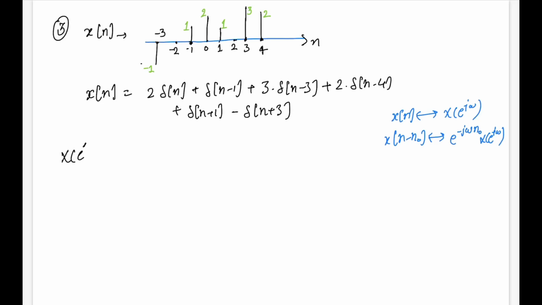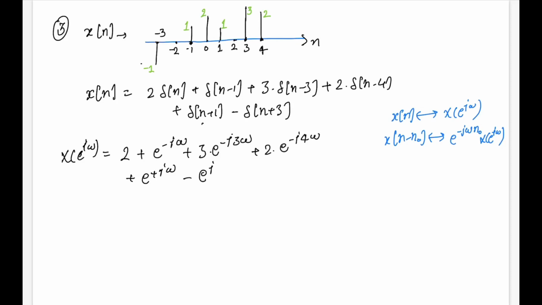So X(e^jω) can be written like: Fourier transform of delta[n] is 1, then this will be 2 plus e to the minus jω, plus 3 into e to the minus j3ω, plus 2 into e to the minus j4ω, plus e to the plus jω, which corresponds to this, minus e to the j3ω. Okay, so this is a very simple problem. Fine.